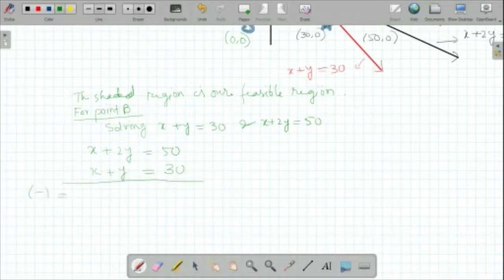We subtract because x and x are equal. So 2y minus y equals y, and what is this value? 20. So the y value is 20.